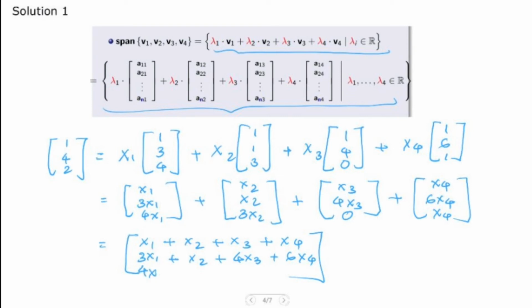And here you have 4x1 plus 3x2 plus we have here 0x3, so I'm not writing that, and here we have x4. And this is equal to the vector 1, 4, 2 or not. That's what we're checking. So as you can see over here, very clearly, it looks like a system of linear equations, right? Let's write them down.